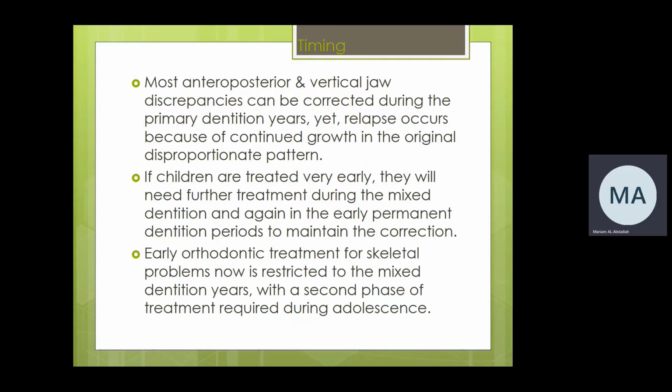In addition, the patient is going to experience the adolescent growth spurt, which is a fast, speeded growth pattern. So you will have relapse, and the success of your early treatment will be compromised.